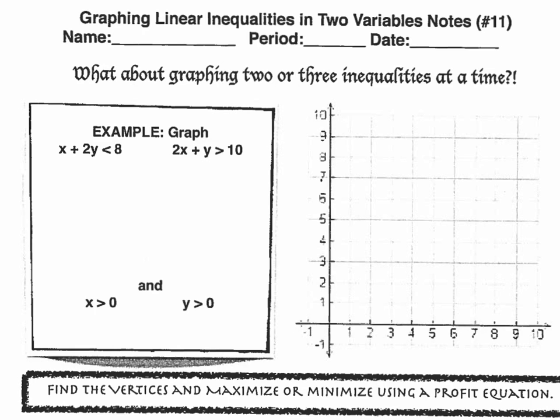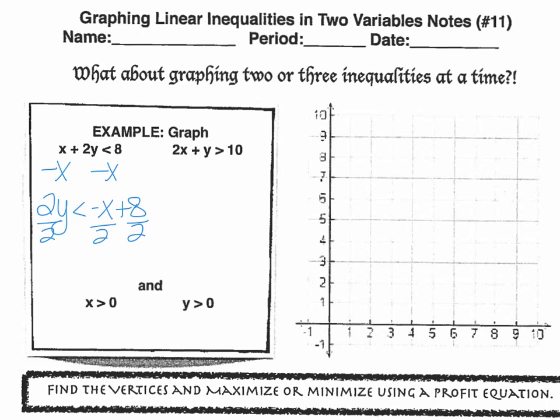So my first step here is going to be to take this first inequality and solve it for y. And by doing that, I'm going to take away x from both sides. So I end up with 2y is less than negative x plus 8. And then lastly, we have to divide each of our components by 2. And don't forget the golden rule of inequalities.